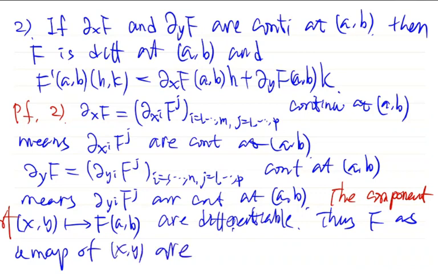Because the component function F_j has continuous derivative functions with respect to all its variables x1, x2, ..., xm, and y1, y2, ..., yn, by a previous theorem we know that F_j is a differentiable function of x and y.